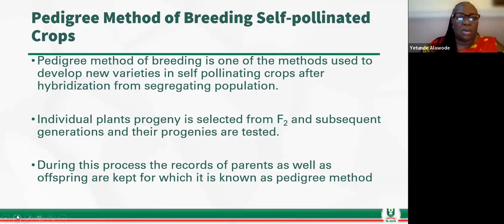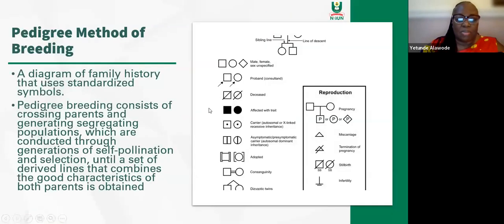It is a method of breeding that breeders use to develop new varieties in self-pollinating crops after hybridization. After forming hybrids, you form a family tree, so that anytime any breeder wants to know about this crop, you can always go back to the pedigree. This is what a pedigree looks like.